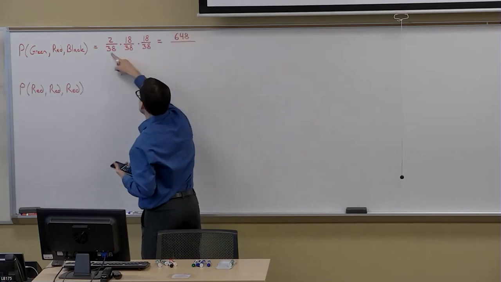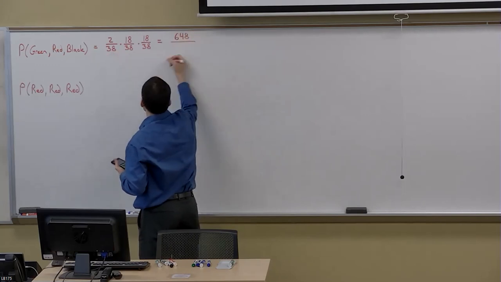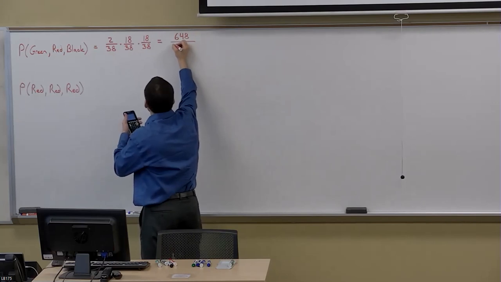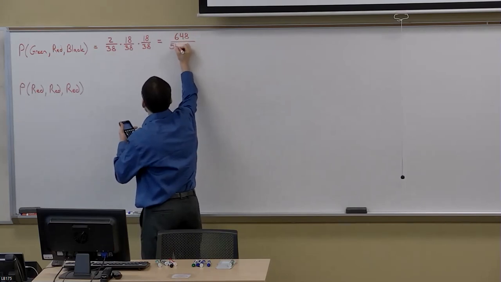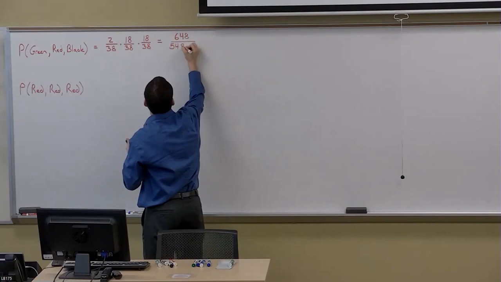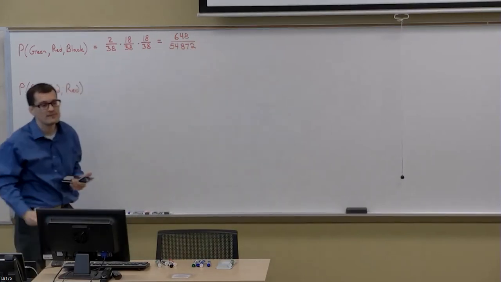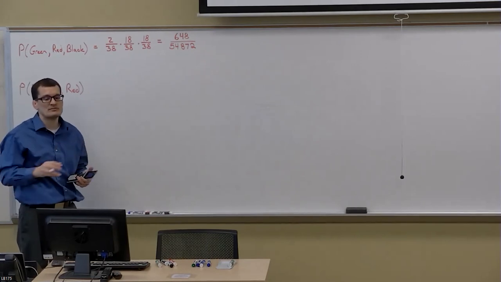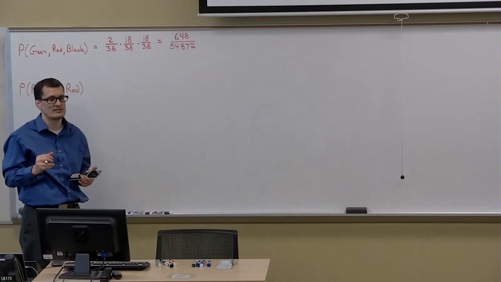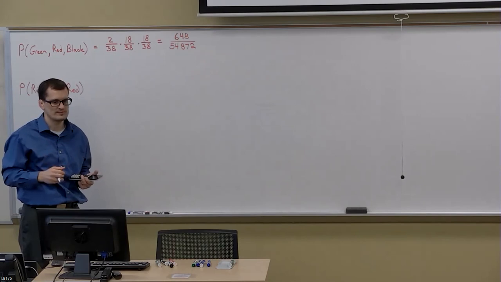And then I multiplied the denominators. 38 times 38 times 38 gave me 54,872. Okay. But again, if you typed it in your calculator and got a different answer, it won't be different numerically, it'll just look different. That's fine too.